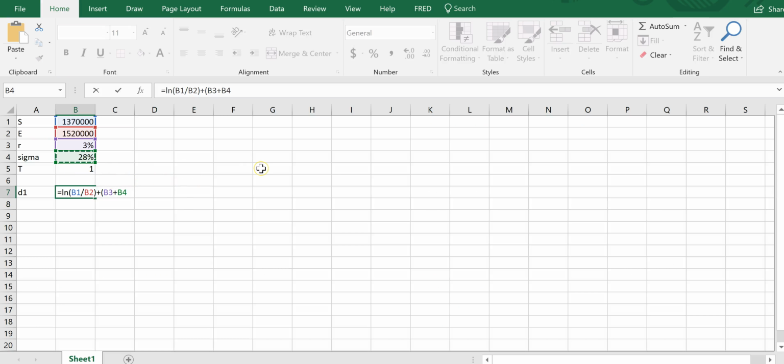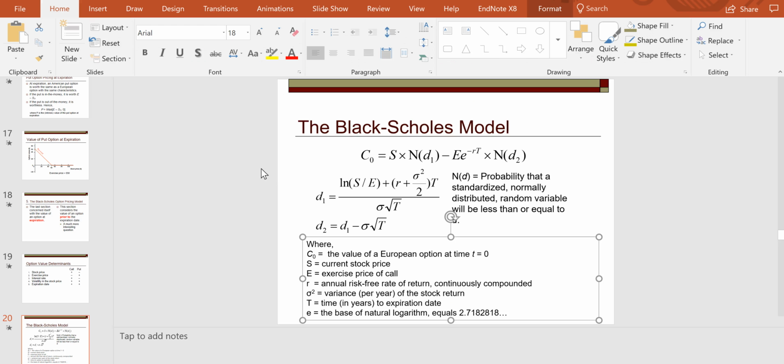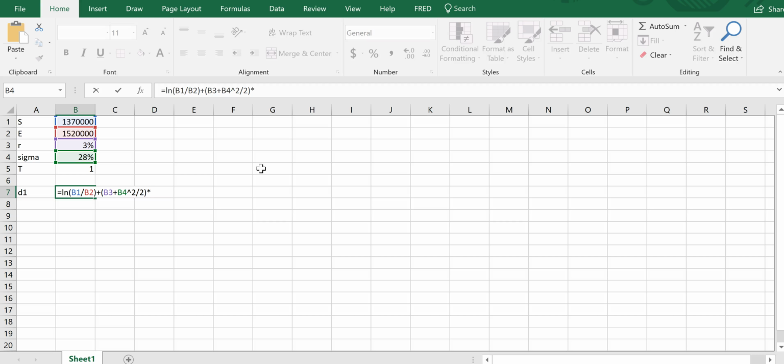So this 28%, I need to square that because that's sigma, and then divided by 2 and close that parenthesis, and then multiply by this T.